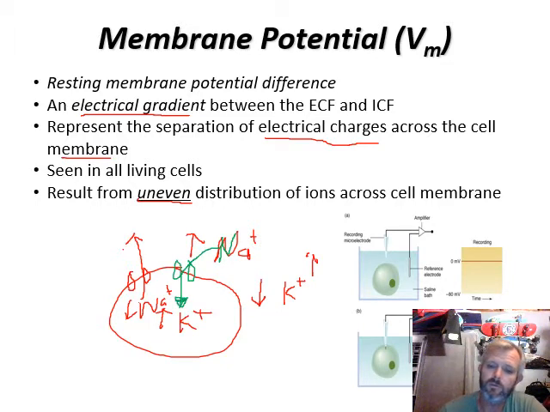So one thing we're going to see is, what if we had way more of these leaky potassium channels that allow potassium to leak out than we do sodium channels?